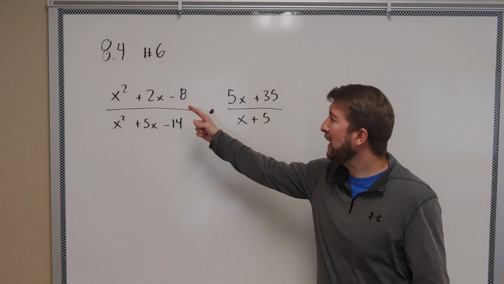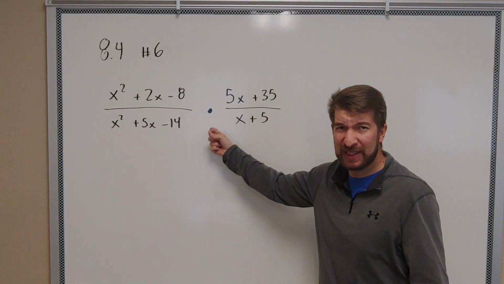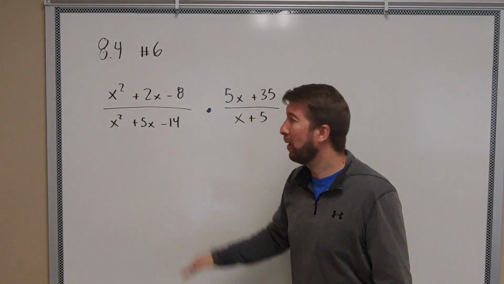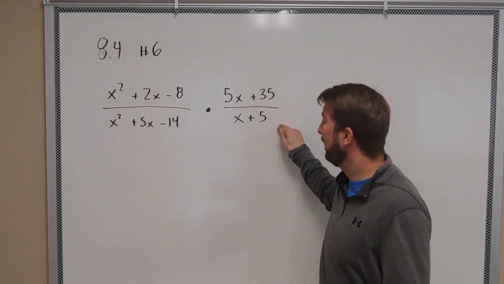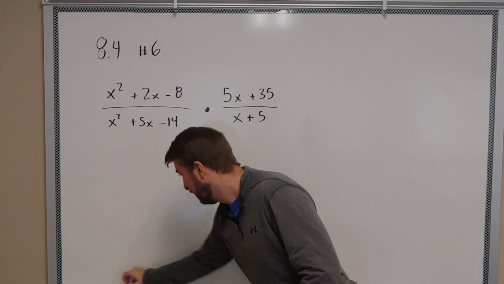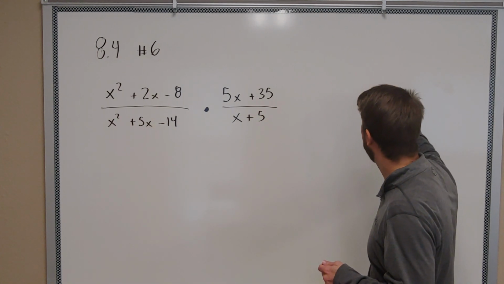When we are multiplying rational expressions, the first step is to factor each little part. Factor the numerators, factor the denominators. So I'm going to go ahead and write that as our first step.